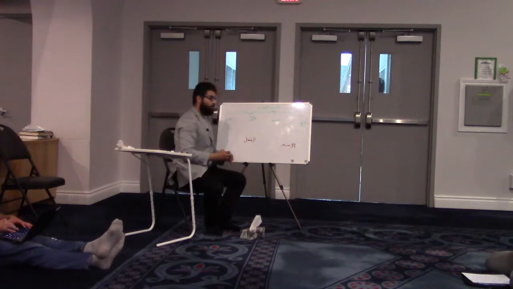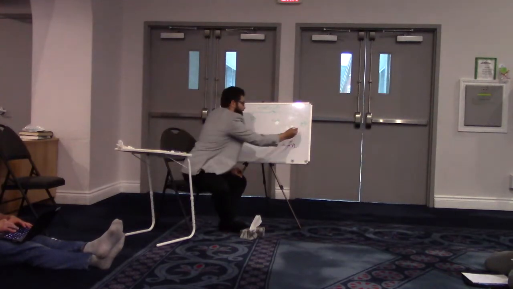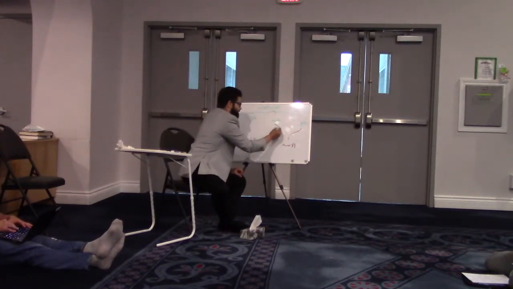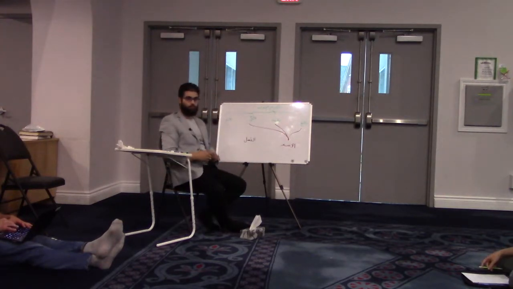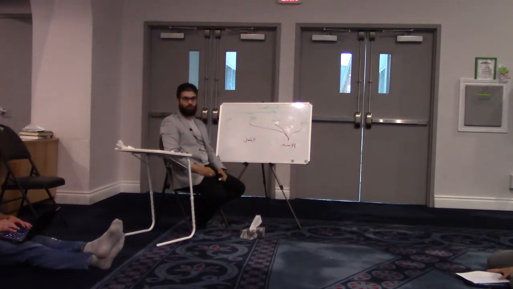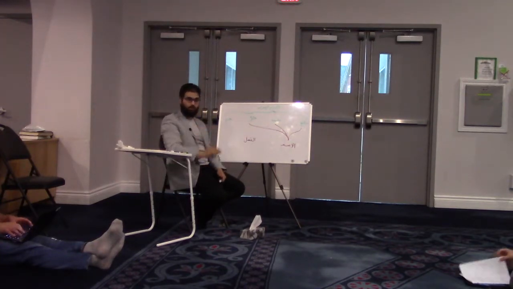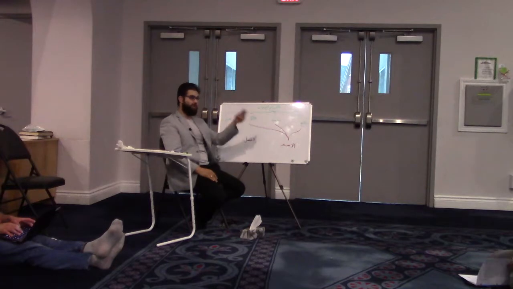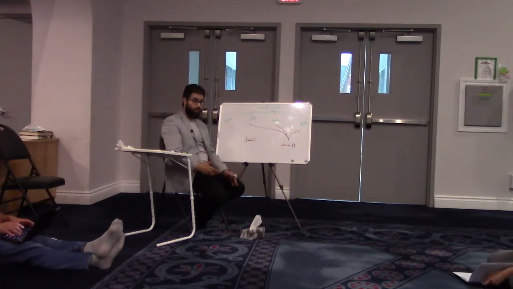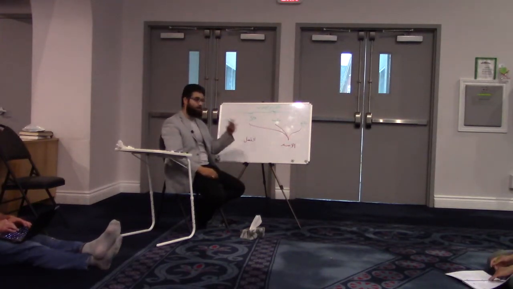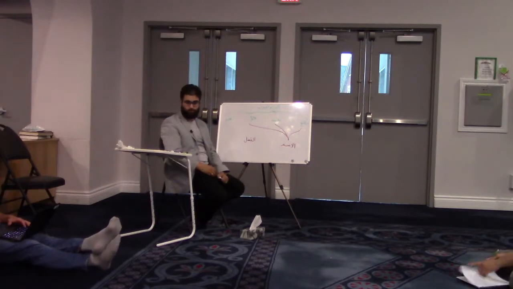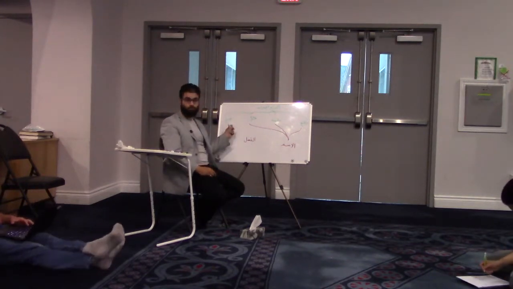Verb, noun. Al-ism gets rafa', gets nasb, and gets jar. All right? A noun can be in the status of rafa', like the example I gave you, where we had a dhamma on it. Or it can be in the status of nasb, it can have a fatha on it, or other signs. Or it can be in the status of jar, and it can have a kasra or a different sign on it. Right? It cannot be majzoom.